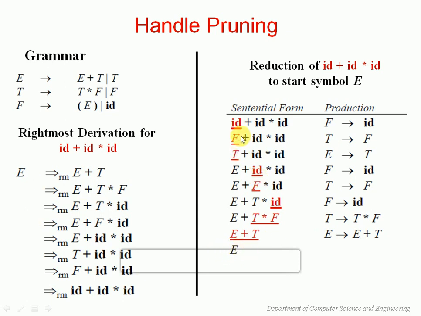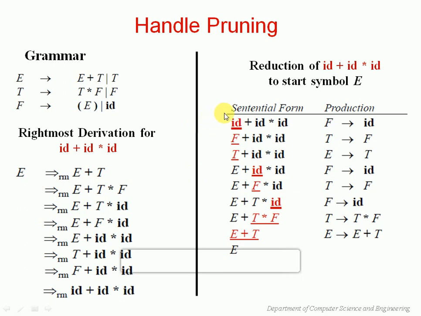So how are handles identified? It is based on the rules that we have just discussed. It has to be a substring of the sentential form, and it has to be the right hand side of a particular production, and when it gets replaced, it goes to the next step, so that the reduction step goes in the reverse order of a particular rightmost derivation.